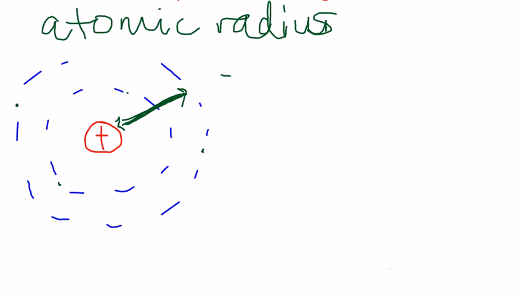So if what we're talking about is the nucleus trying to exert a pull on an electron that's just outside of it, the size of the atom makes a difference. We know that from an electromagnetic viewpoint, the force of attraction decreases with distance.